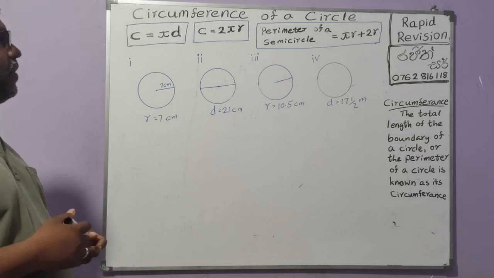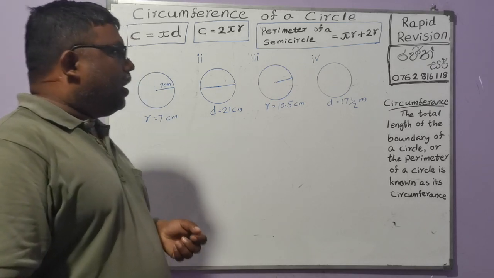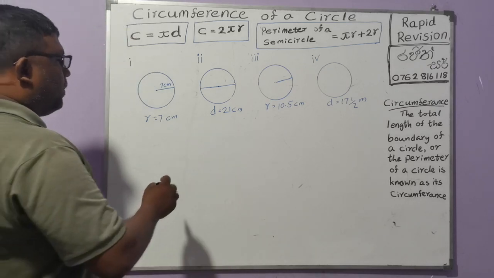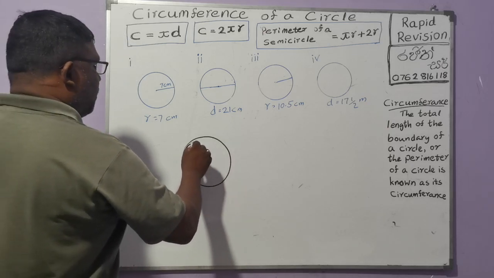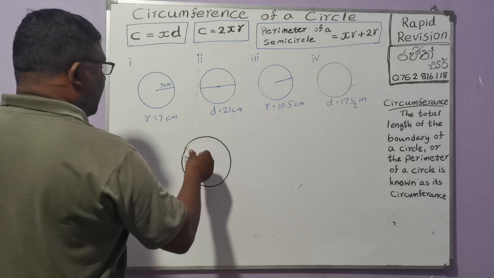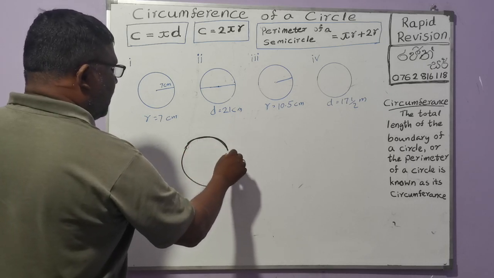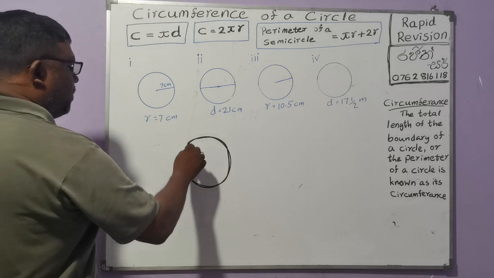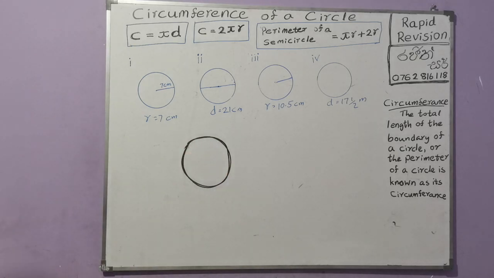Instead of perimeter we use this special word called circumference. That means the total length of this boundary, starting from here and coming back to that starting point, we call the circumference.